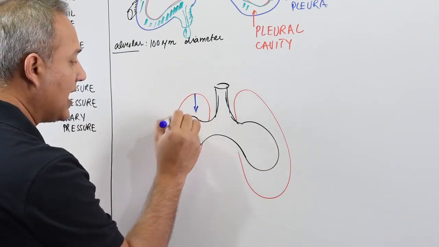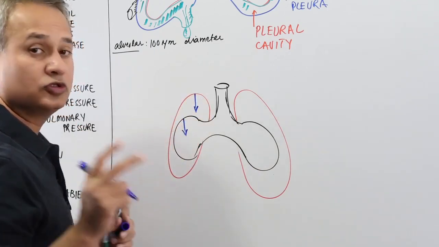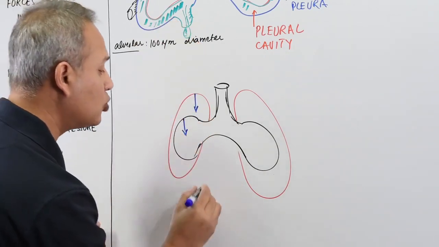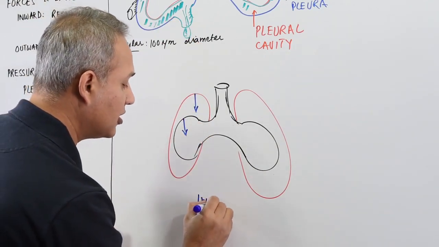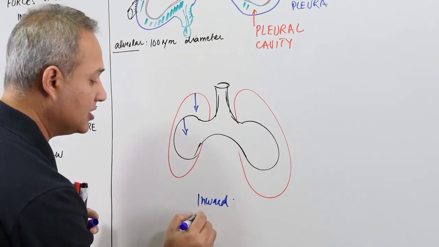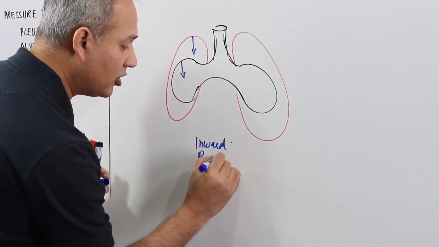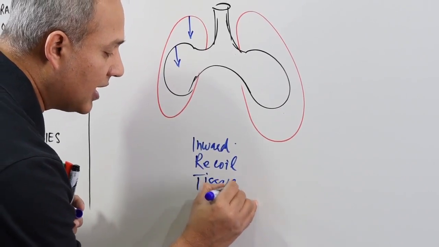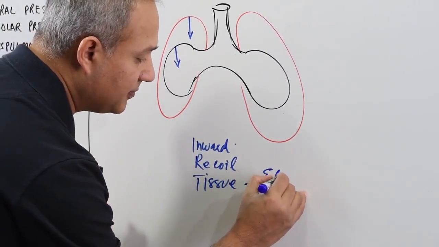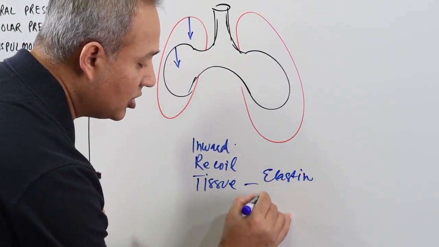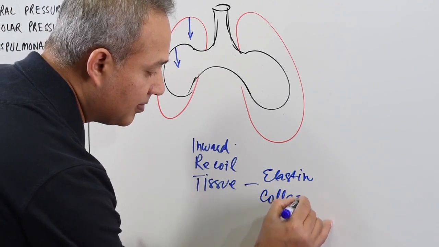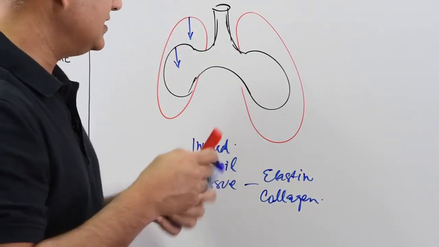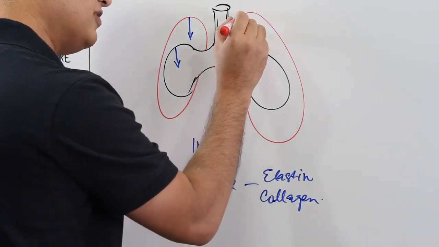In the lung tissue and the alveoli, two forces try to collapse the lungs. So the inward forces are two. These are called the forces of recoil, and they are because of the lung tissue, which is elastin and collagen.